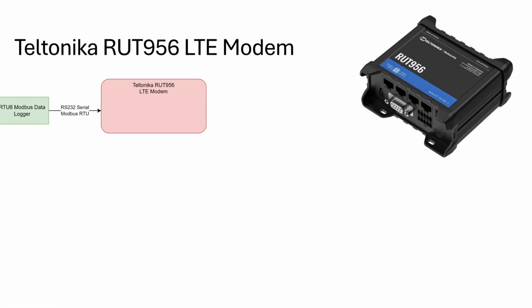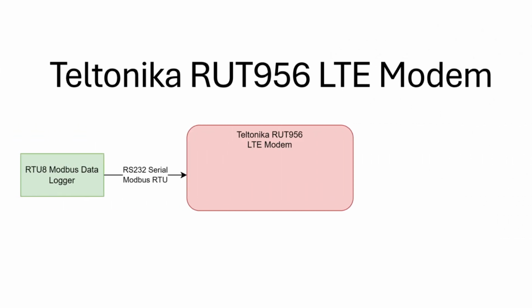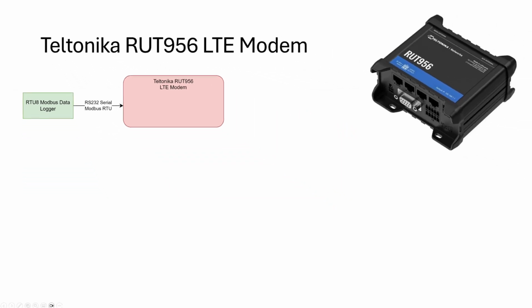For this implementation, I'll be using a Teltonika RUT956 LTE modem, but for the purpose of testing, I've connected it via my Wi-Fi network. I've connected this device using an RS-232 serial cable to my RTU. What we need to do next is configure the Modbus serial client in the router.